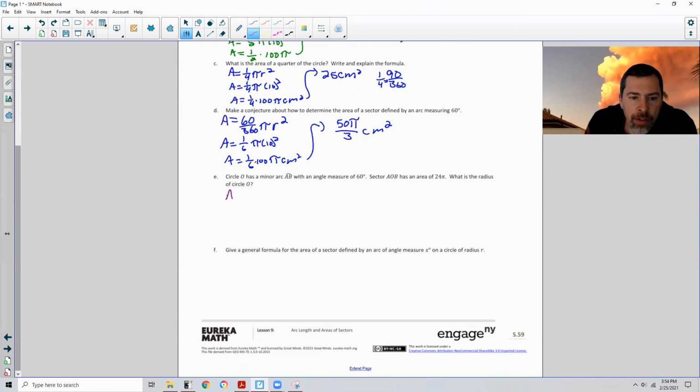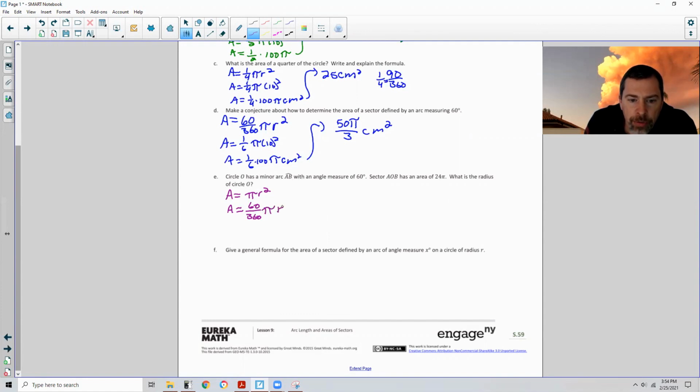So I'm going to write area equals pi r squared. That's the area of a circle. But when we have a central angle and we want the area of a sector, then that's going to be the central angle divided by 360 times pi r squared.